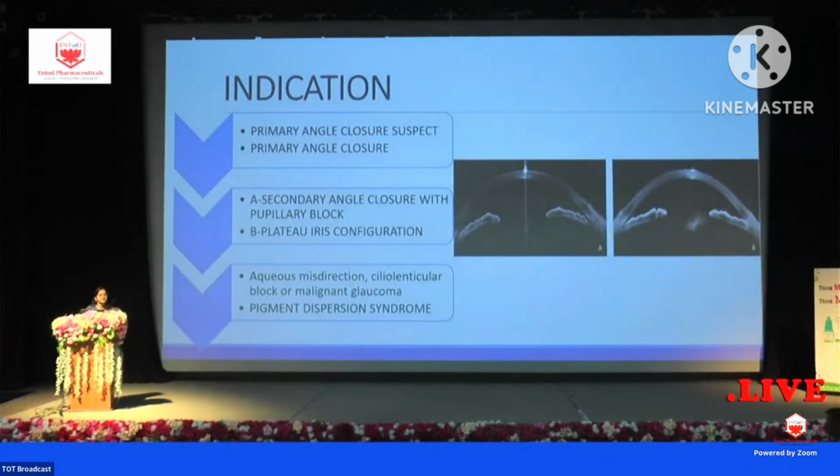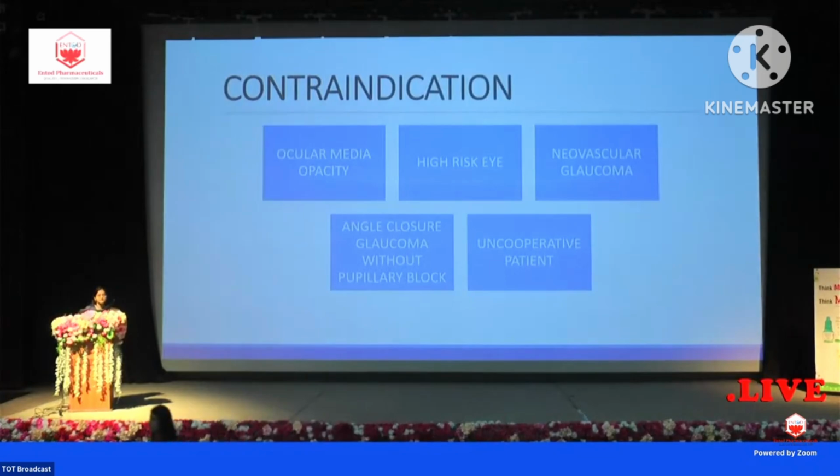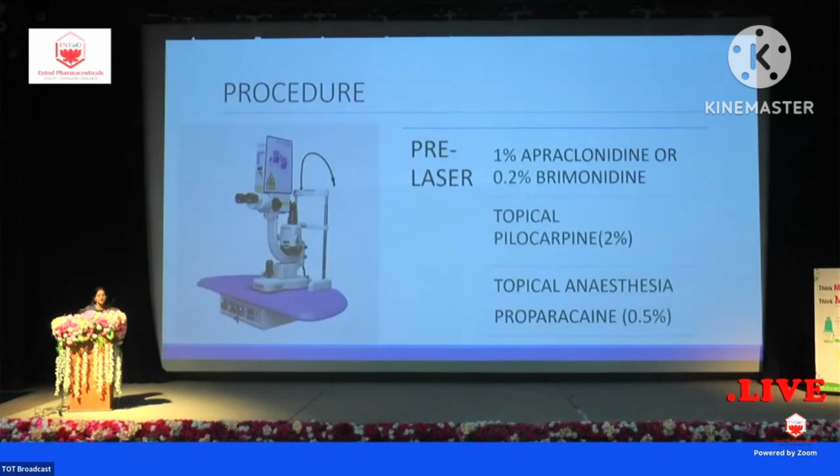Apart from the indication as we saw in the case, other indications are secondary angle closure with pupillary block, plateau iris configuration, and others as listed here. Some of the contraindications are ocular media opacity, neovascular glaucoma, and angle closure glaucoma without pupillary block. Before moving to the procedure, some pre-medications to be given: apraclonidine and brimonidine to reduce IOP, topical pilocarpine for miosis and thinning of the iris, and topical anesthesia.